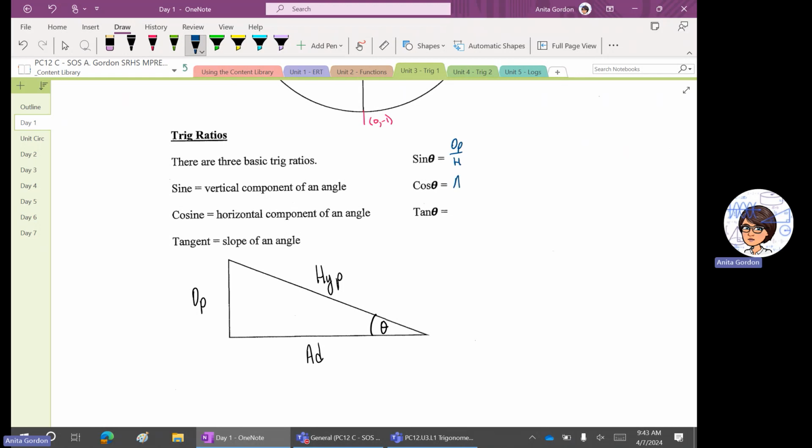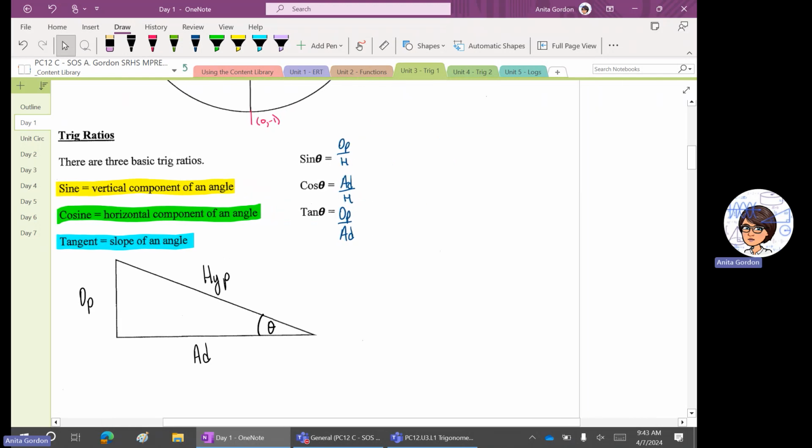The cosine is adjacent over hypotenuse, and the tangent is opposite over adjacent. So we talked a little bit about this on Friday. Okay, so remember the sine represents the vertical component, the cosine represents the horizontal component, and the tangent represents the slope of the angle in the triangle.